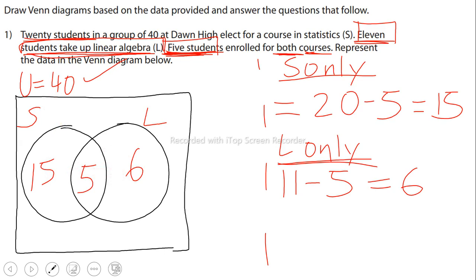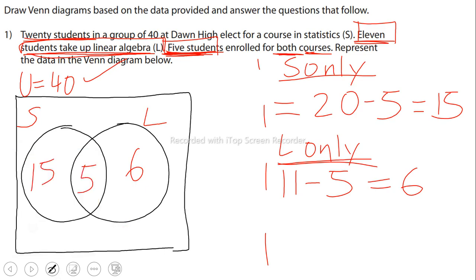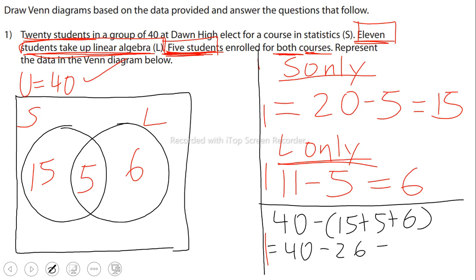And so in order to figure out what goes on the outside, we'll have to say 40 take away 26. We could say 40 take away 15 plus 5 plus 6 is going to be equal to 40 minus 26, which is equal to what? 14.